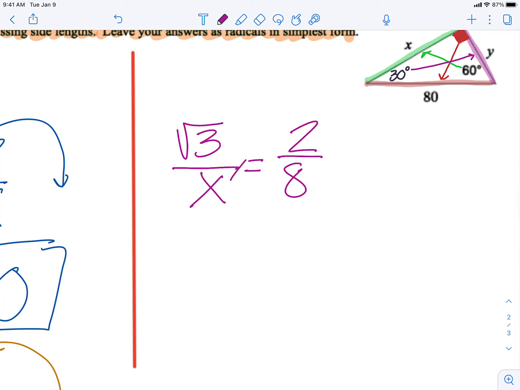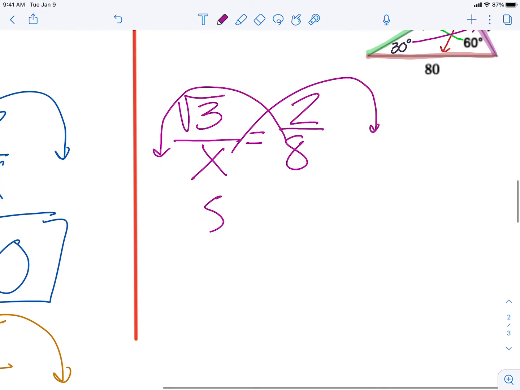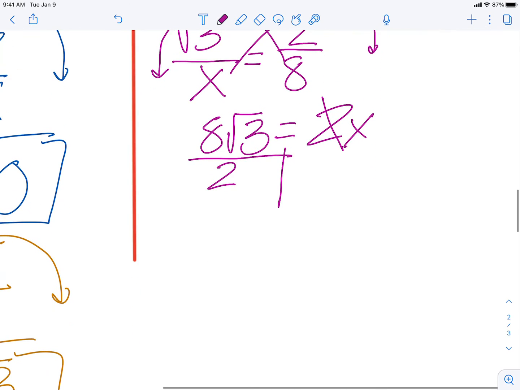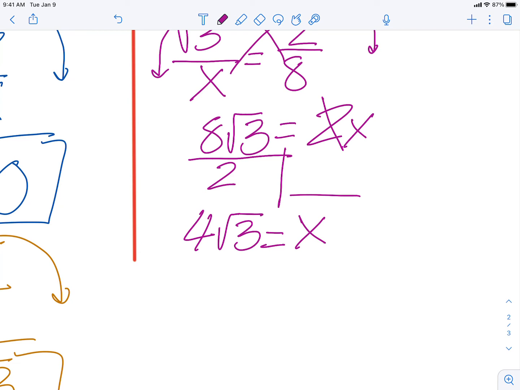We cross multiply. 8 times radical 3 is 8 radical 3, equal to 2 times x, which is 2x. The opposite of multiplying by 2 is dividing by 2, and I get 8 divided by 2 is 4 radical 3. I bring down my x, and that's my x right there.